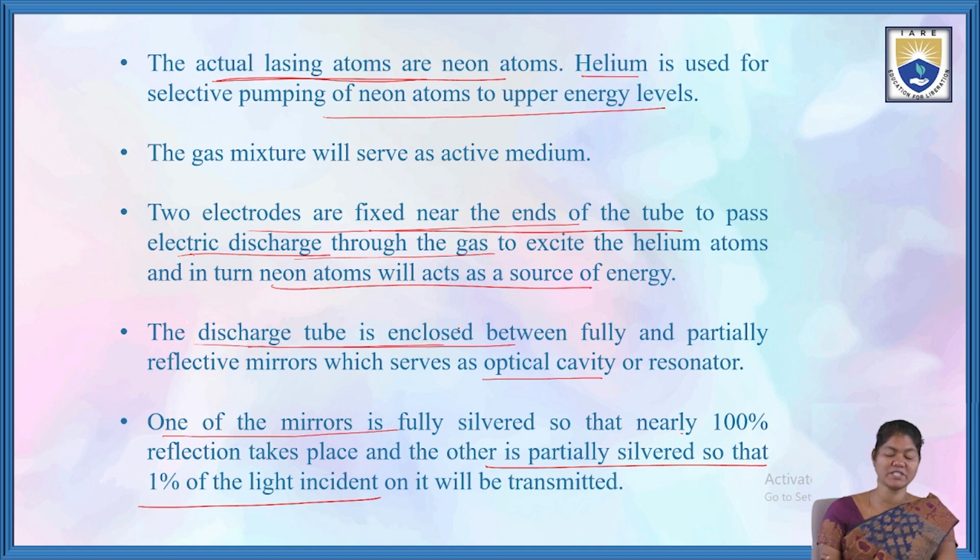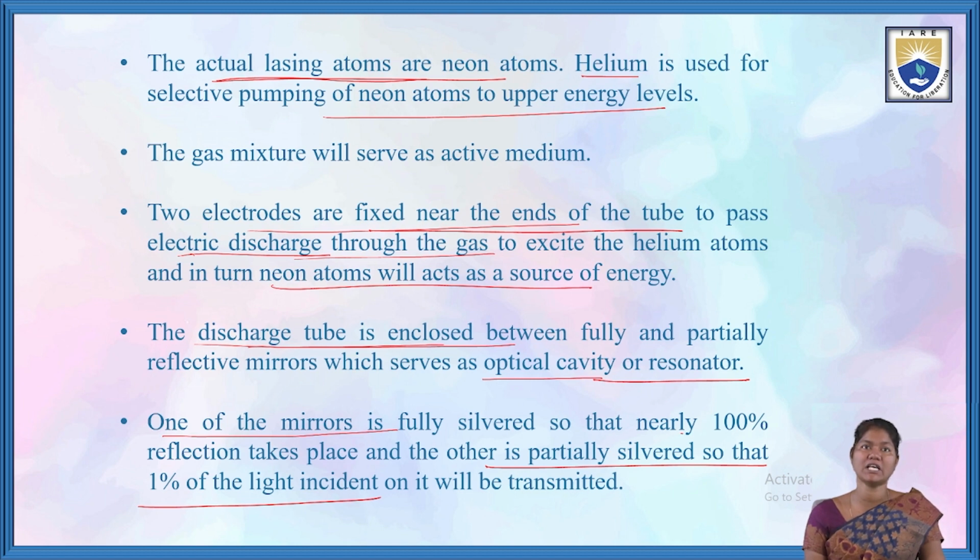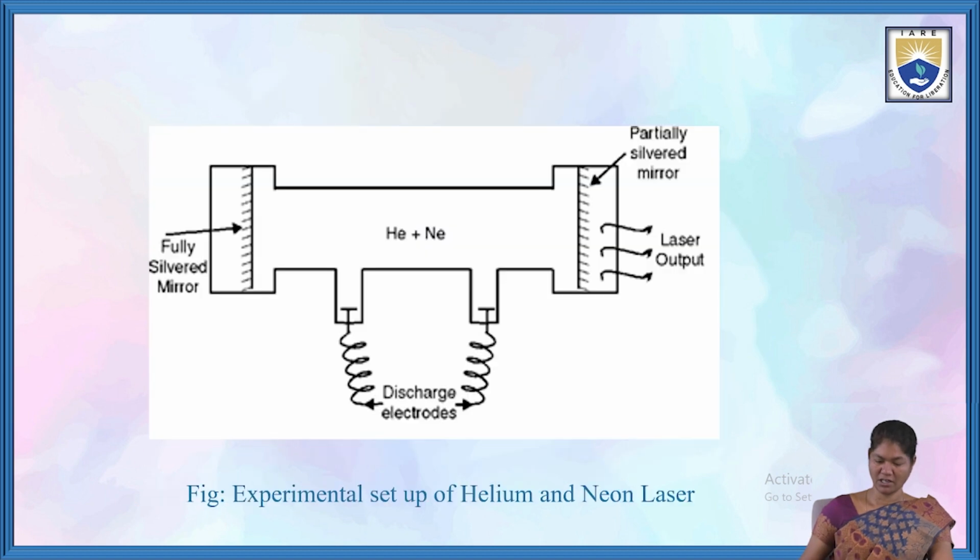The discharge tube is enclosed between the fully and partially reflective mirrors, which serve as an optical cavity or optical resonator. One is fully silvered, with 100% reflection, and the other is partially silvered so that only 1% of the incident light is transmitted.